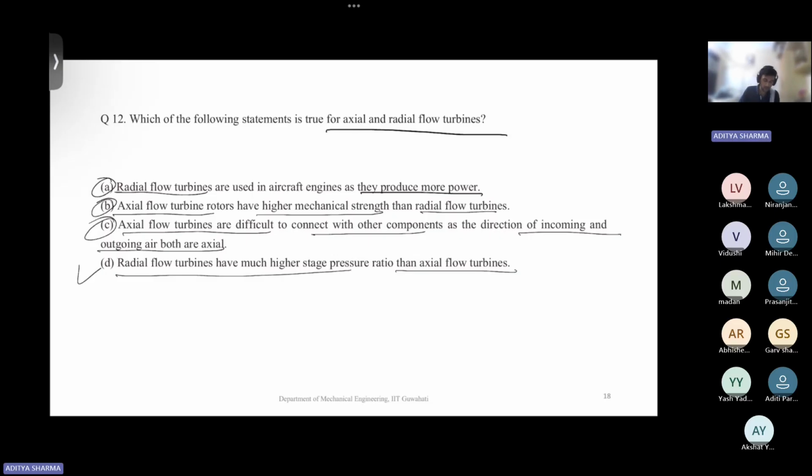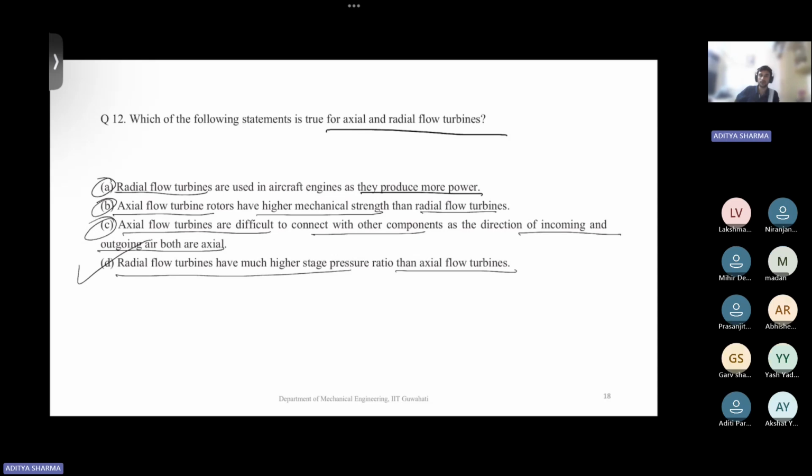But the fourth one has merit. Okay, the pressure rise in radial flow turbines is much higher when compared with the axial flow turbines. Okay, so in that case, D is the correct option.